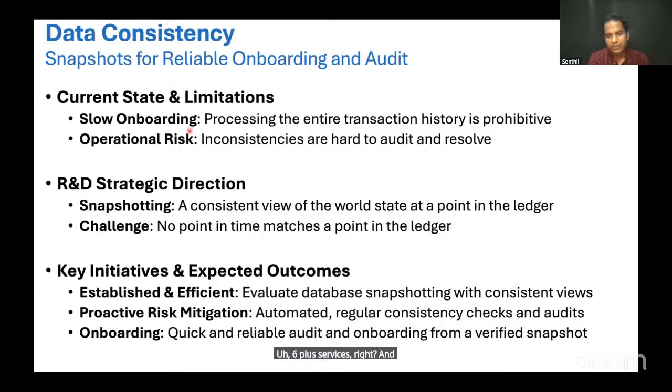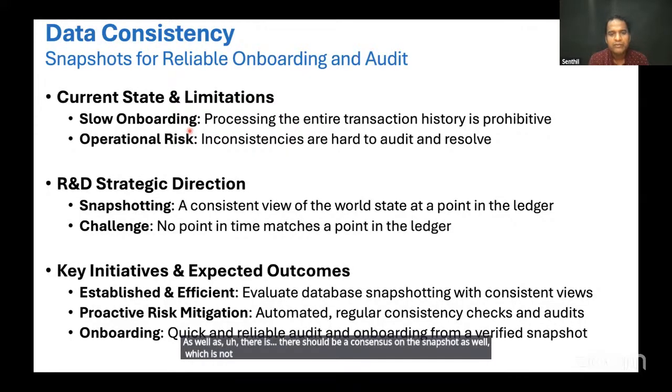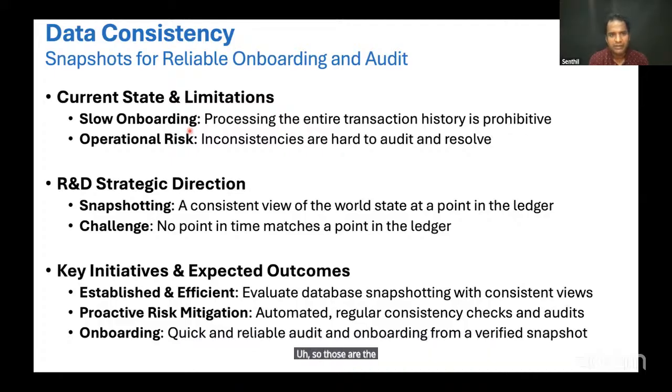And one of the good things is that we have a distributed database which is sophisticated, and can also provide a lot of APIs to take the snapshot, etc. So we need to evaluate the features available in the database, and then try to automate this whole snapshotting, as well as there should be a consensus on the snapshot, which is not available in Fabric. Those are the things that we are planning to do as part of the future work.